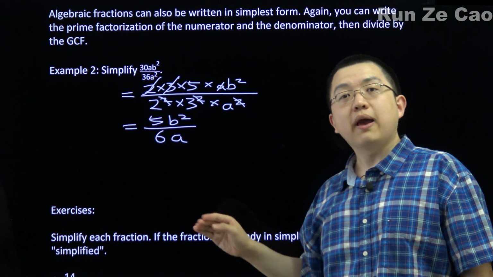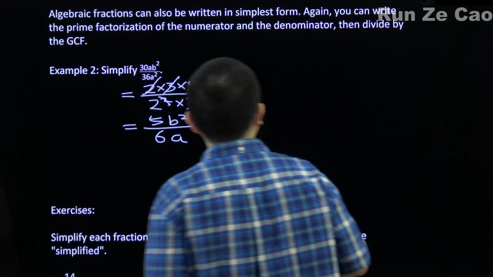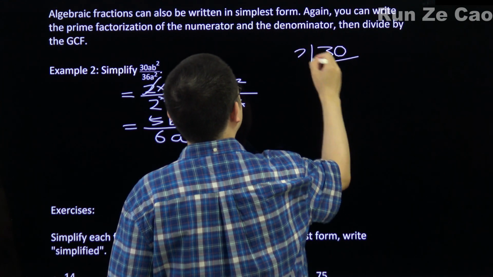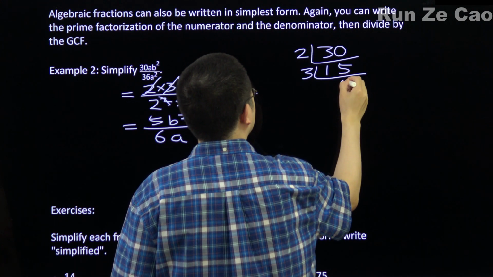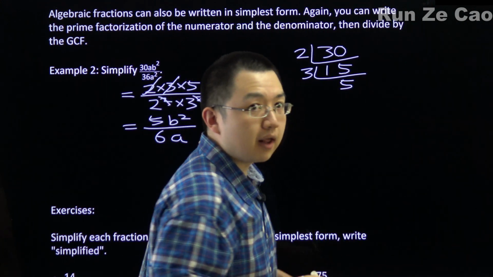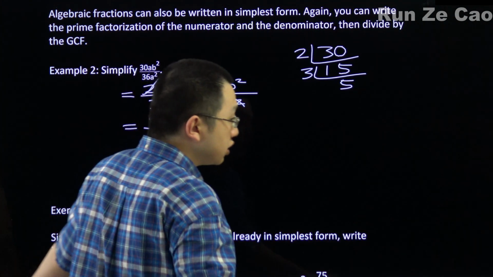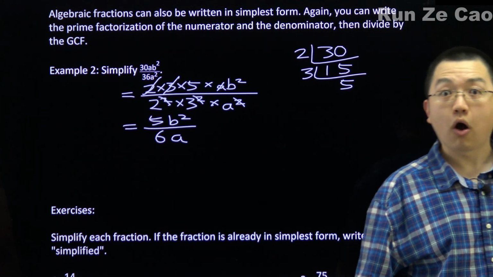It's harder to make a mistake. And of course, if you need, feel free to actually write out the prime factorizations like this. Okay? There's no problem with taking up more space on a page. The problem is if you get it wrong.